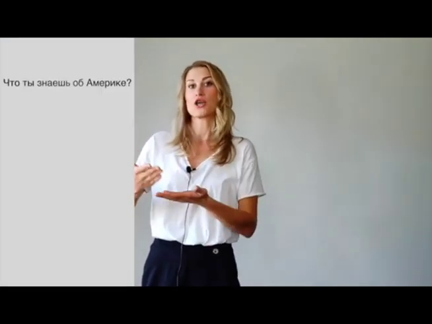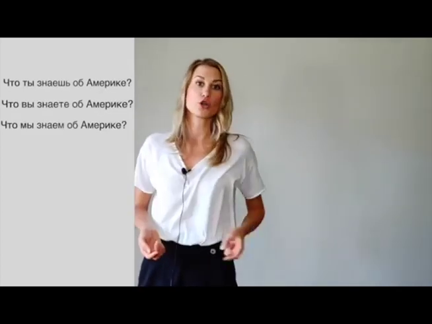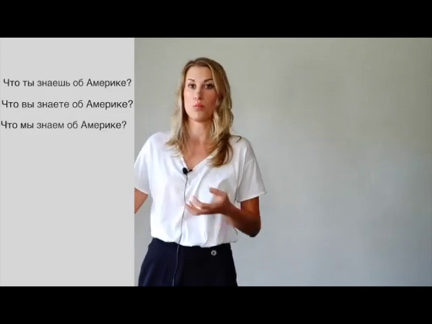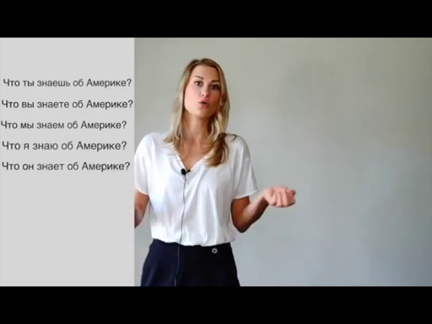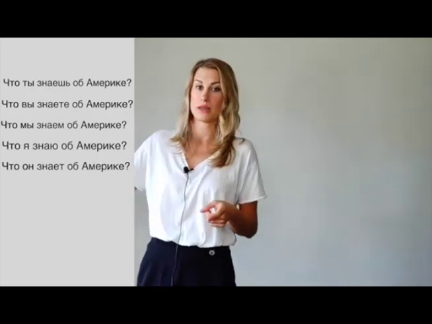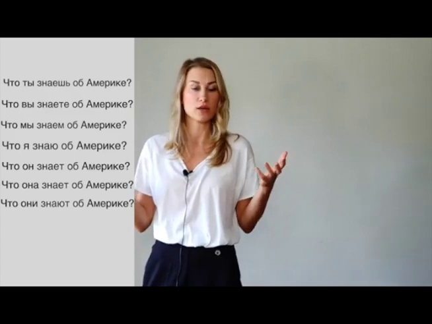Что? Well, let's choose what we all know, Америка, right? So we will say, что ты знаешь об Америке, что вы знаете об Америке, что мы знаем об Америке, что я знаю об Америке, что он знает об Америке, что она знает об Америке, что они знают об Америке.